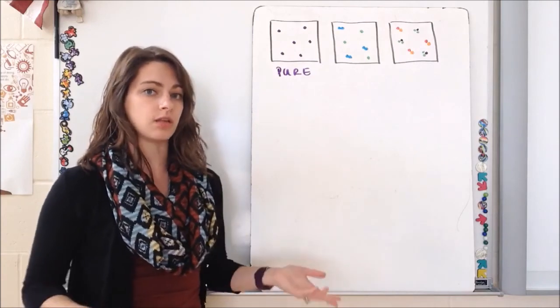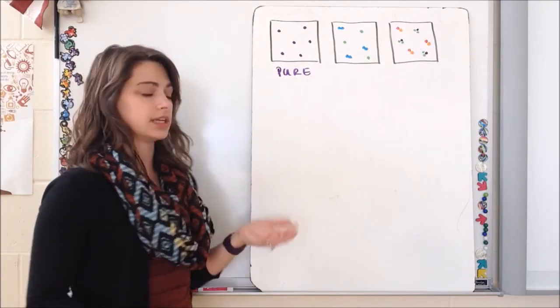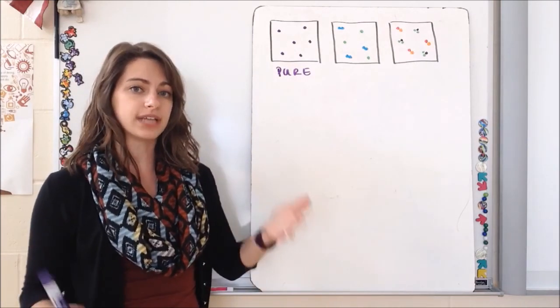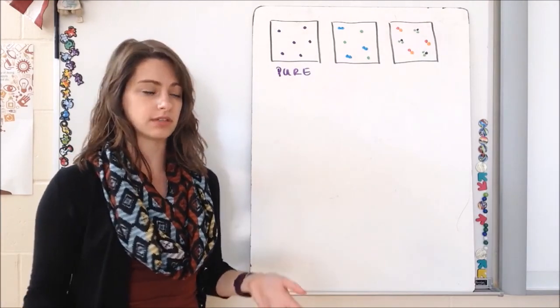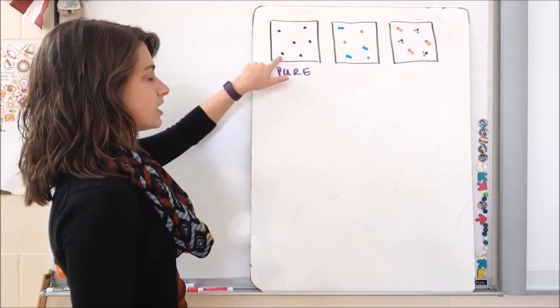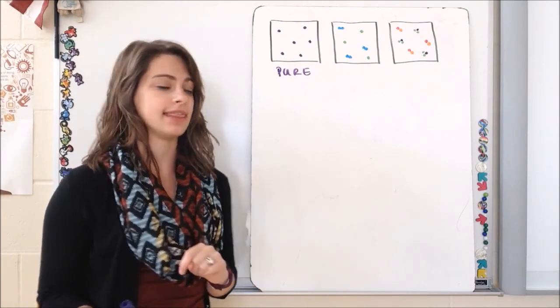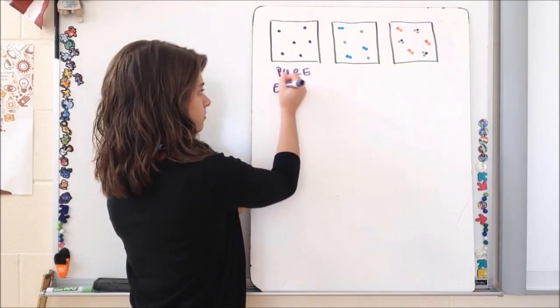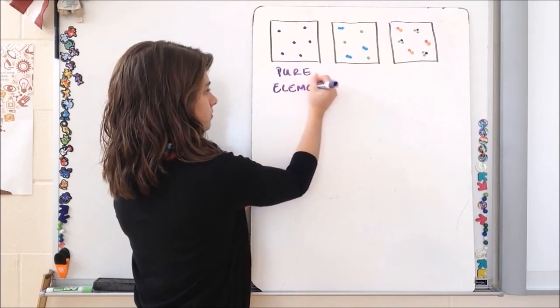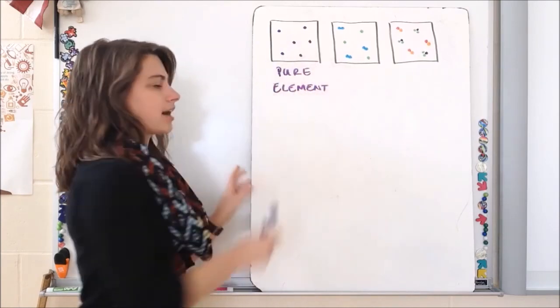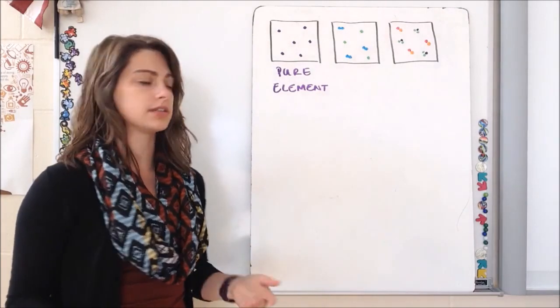I don't know if it's an element or a compound yet. The only thing I've determined is since it only contains purple dots, it's a pure substance. Now, if I look at each of those purple dots, it's only made up of one thing, that one purple dot, and that makes it an element. So this box would contain a pure element.